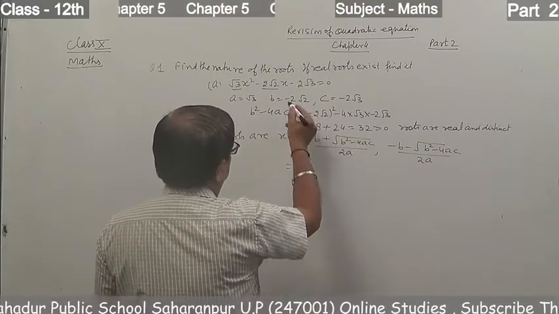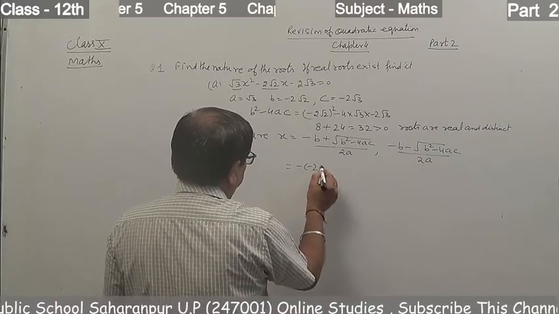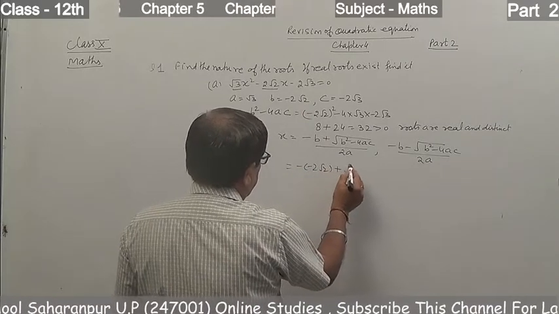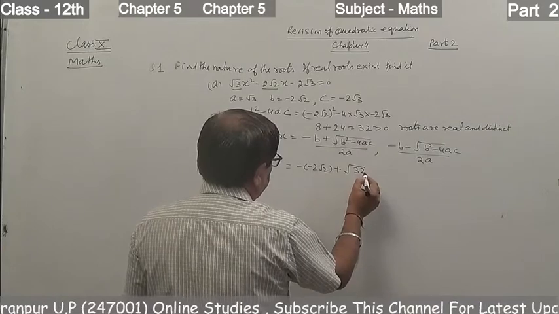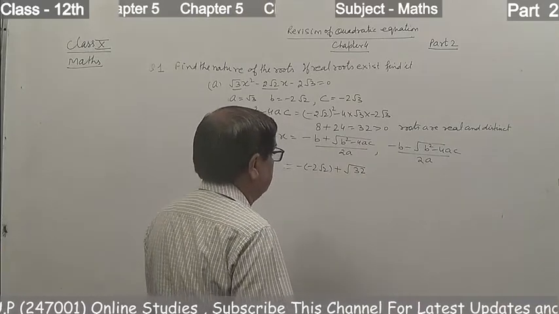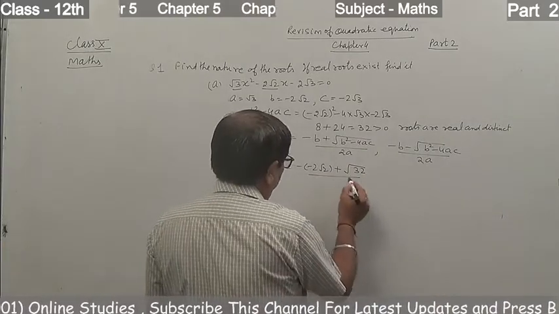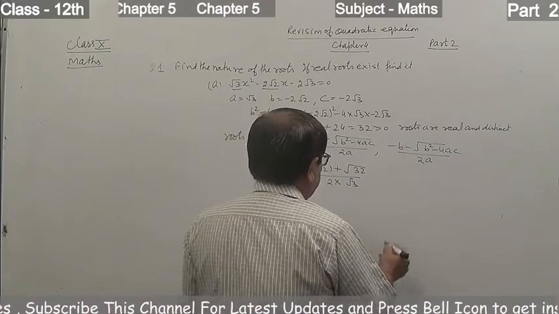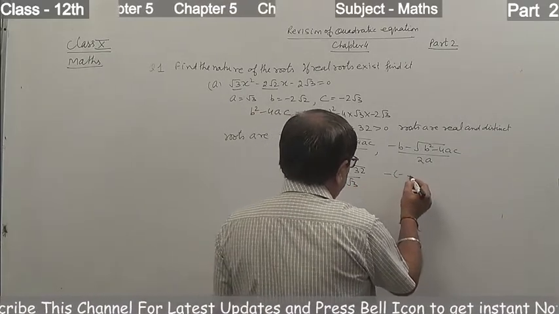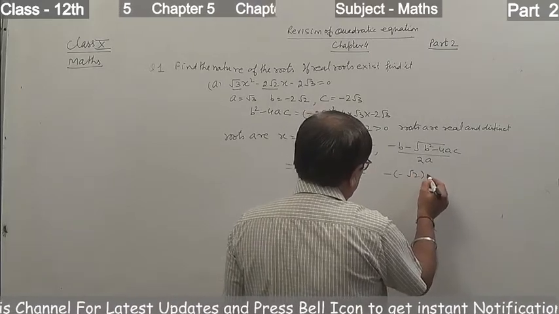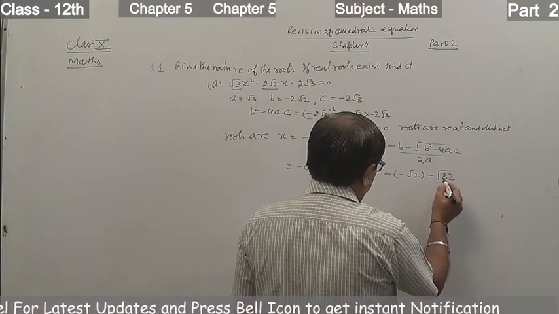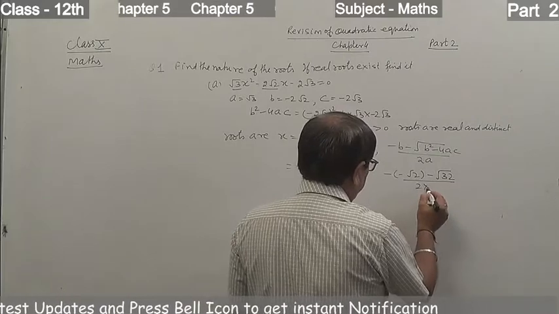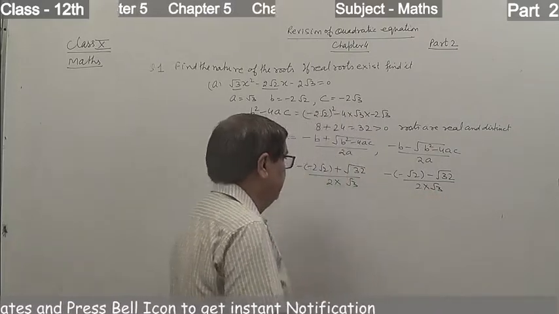So b is minus 2 root 2, b square minus 4ac is 32, 2a is 2 root 3, so 2 root 2 minus root 32 upon 2 into root 3.